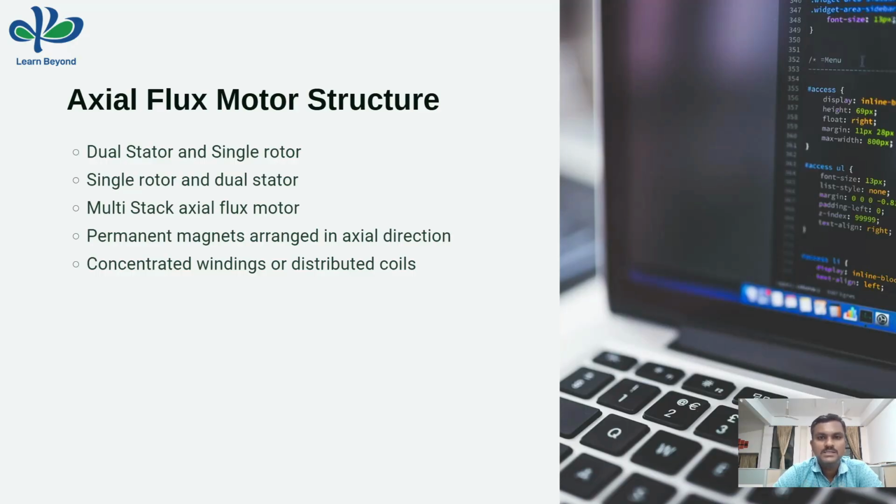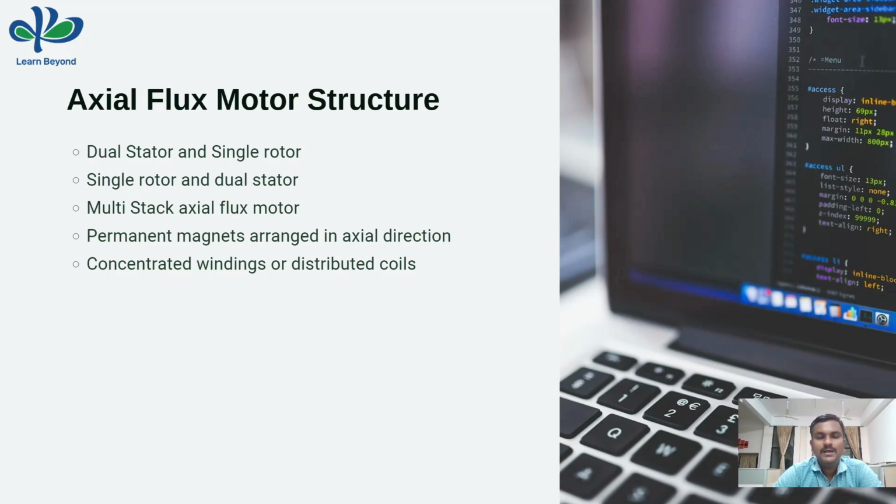Multi-stack is like combining stator-rotor combinations for n stacks. That means I can add multiple stacks, not just one or two, so I can add more stacks if I need more torque. For that we go for a multi-stack type of motor.